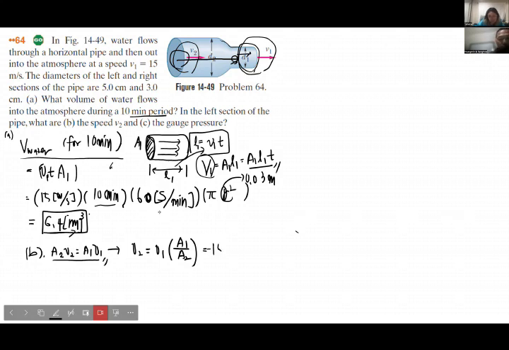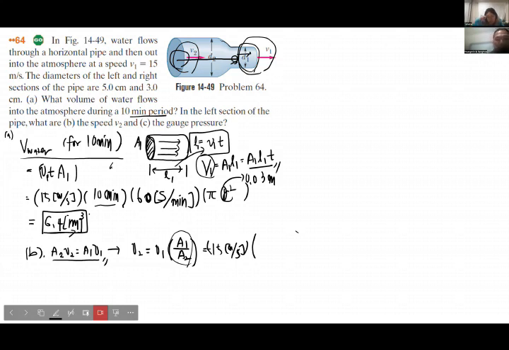15 meter per second. And for the areal change, you don't have to calculate the cross-sectional area because it's a ratio between the two areas. So all you need is to compare their diameter or radius and square it.